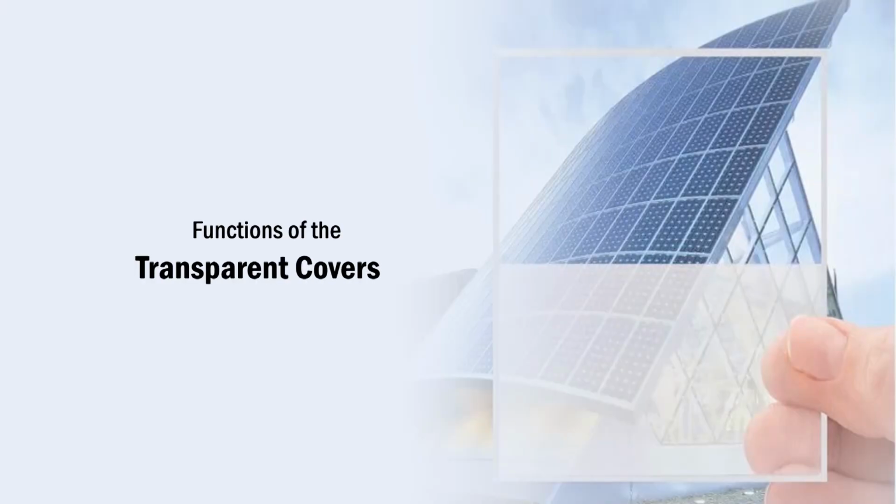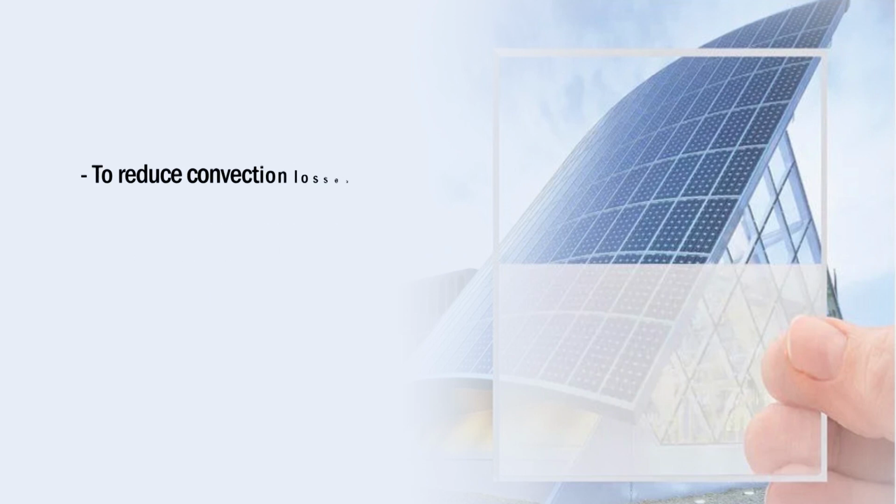Now we will discuss the function of the transparent cover. In a solar energy collector, the transparent cover is used for the following purposes. First is to reduce convection losses from the absorber plate through the air layer between the absorber plate and the glass.